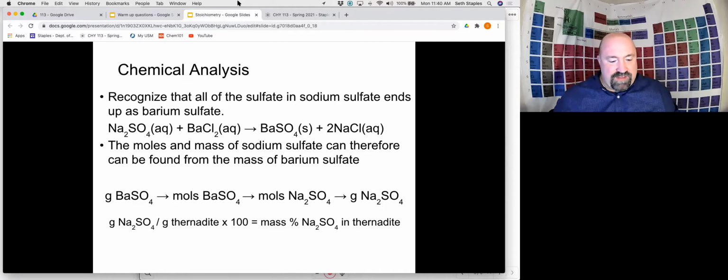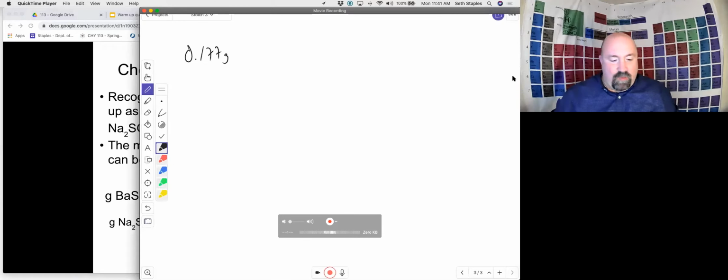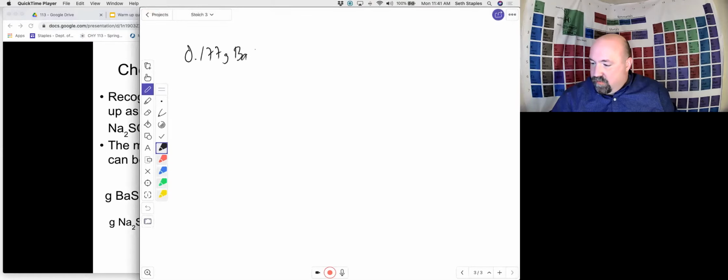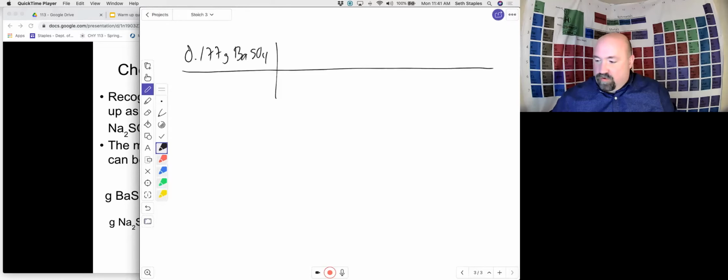We had said that we formed 0.177 grams of barium sulfate. Like I mentioned, our first step is to convert that over to moles of barium sulfate using the molar mass of 233.4 grams of barium sulfate per 1 mole of barium sulfate.